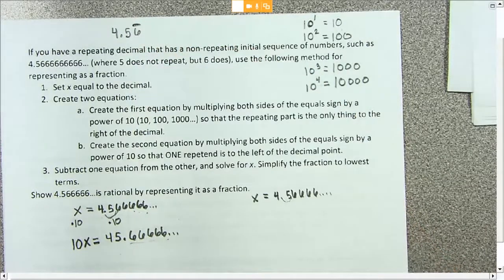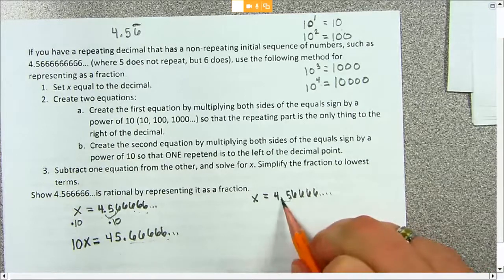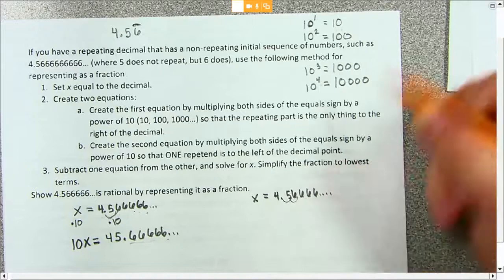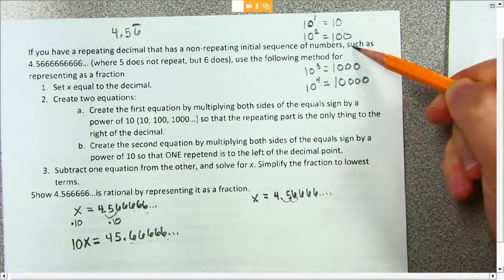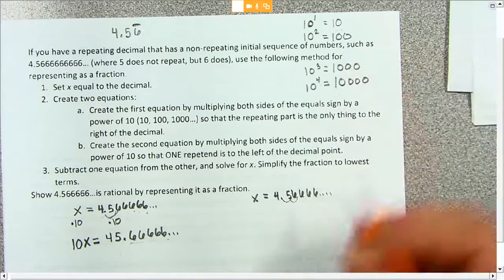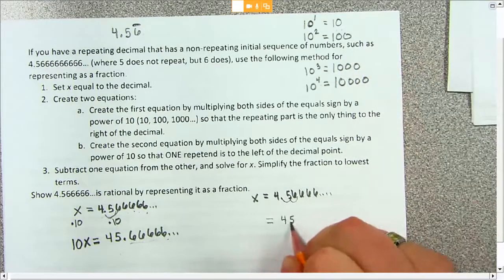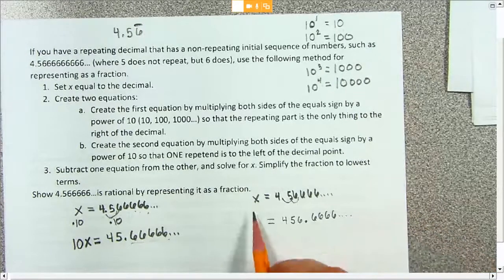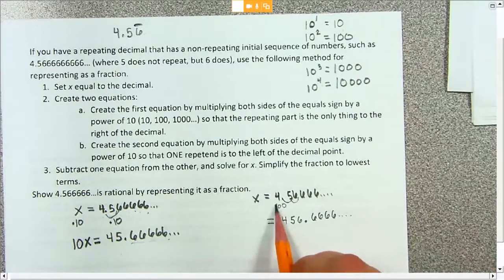So I want 1 of the repetends in front of the decimal. So I need to move this decimal over 2 times. What am I going to multiply by? What has 2 zeros in it? To the second, 100, right? So I'm going to say this is 456.6666, and I multiplied that by 100, so I'm going to multiply the x by 100 as well.